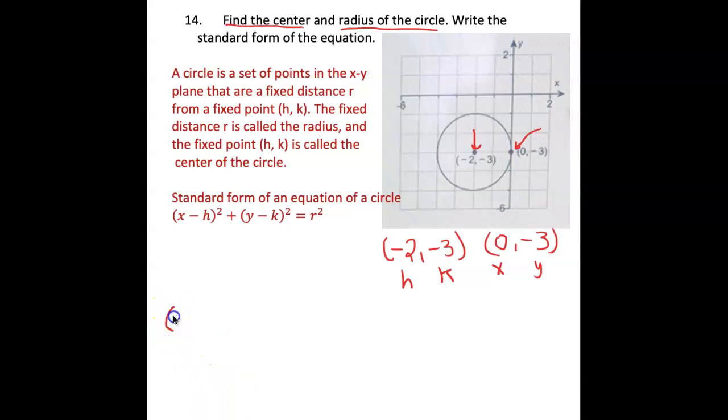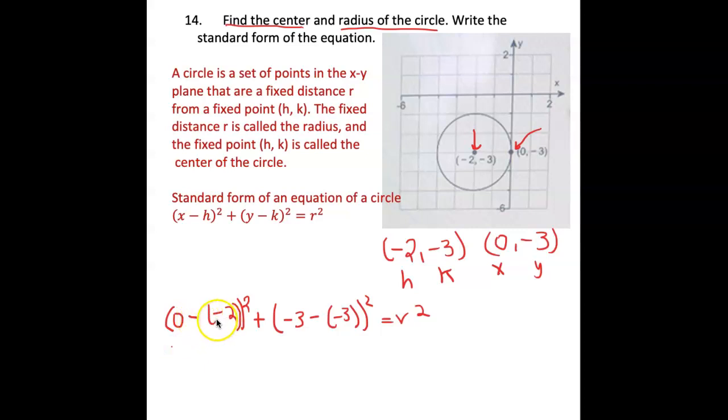0 minus negative 2, squared, plus negative 3 minus negative 3, notice how I'm using my parentheses, squared, equals r squared.